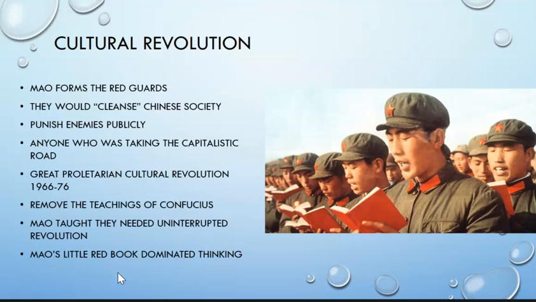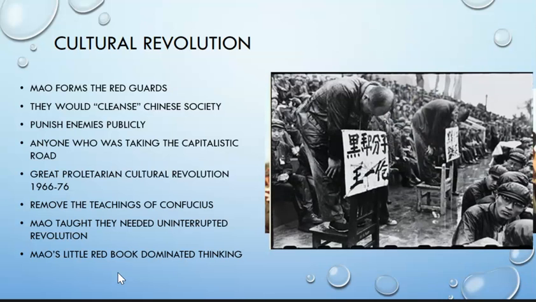The Cultural Revolution could be brutal. And in fact, anyone who was considered to be not following the line could be publicly humiliated, as you see these men, forced to stand on a chair in front of everyone with a sign around their neck giving their crimes or their wrong beliefs.